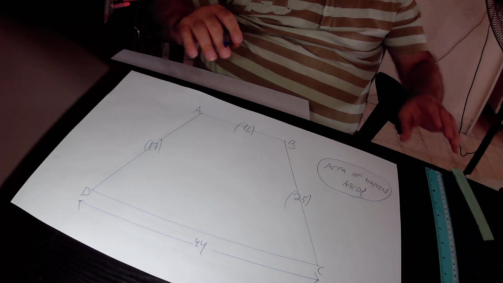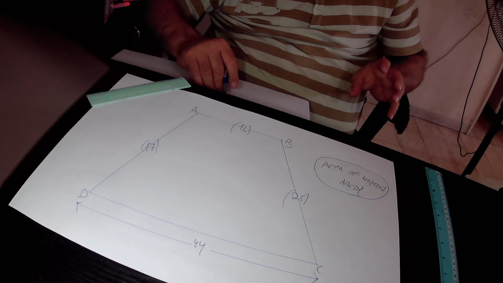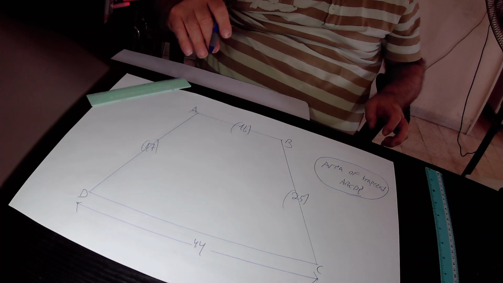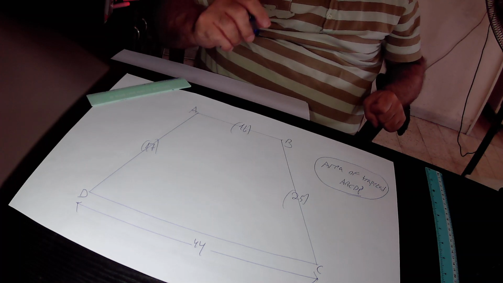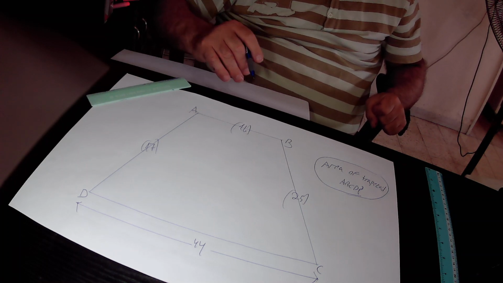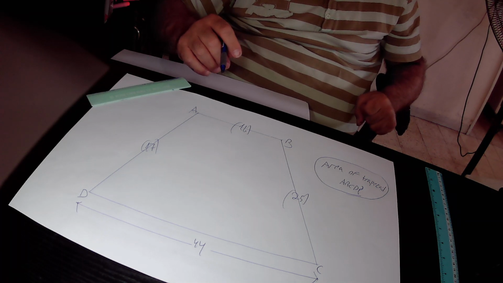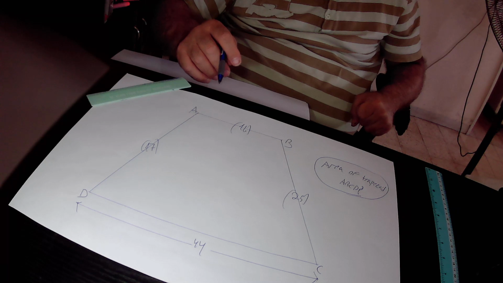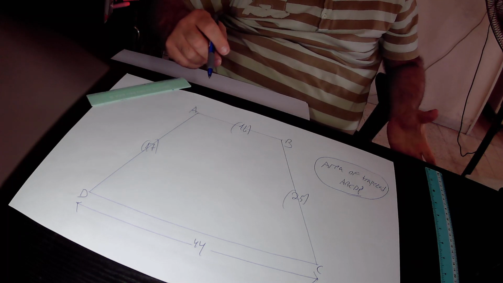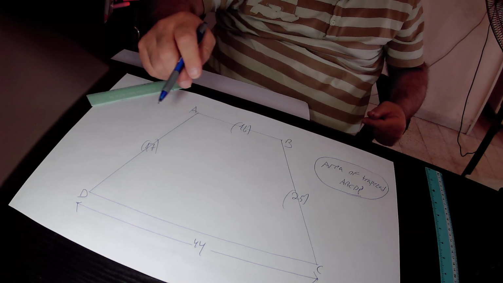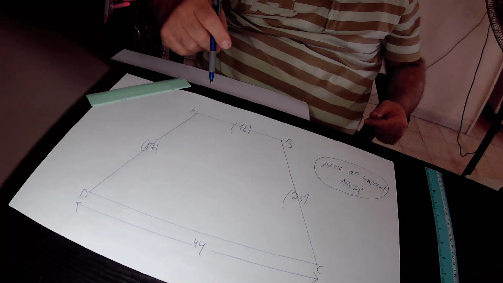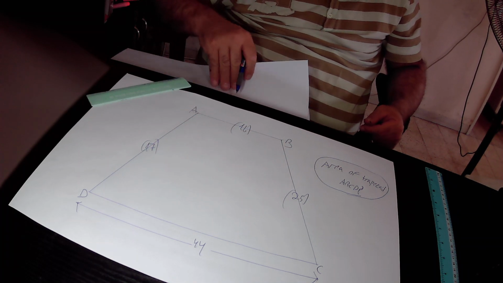Actually, we know that the area of any trapezoid is equal to the sum of its two parallel bases times the height over 2. And therefore, the area of this trapezoid ABCD must be equal to the sum of its two parallel bases. The two parallel bases are AB and DC, and therefore the sum of the two parallel bases is AB plus DC, times the height h, over 2. So write it down.